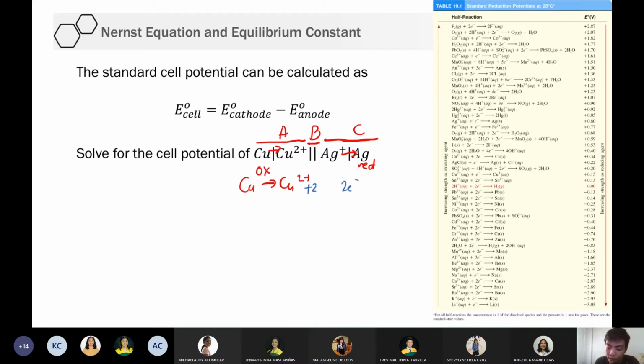So I have 2 electrons plus 2 Ag plus producing 2 Ag. So if I combine these 2 equations, I will get lahat ng nasa left side, kopyahin natin. 2 electron, 2 Ag plus, copper, producing right side na. Lahat ng nasa products, copper 2 plus, 2 electron, and 2 Ag.